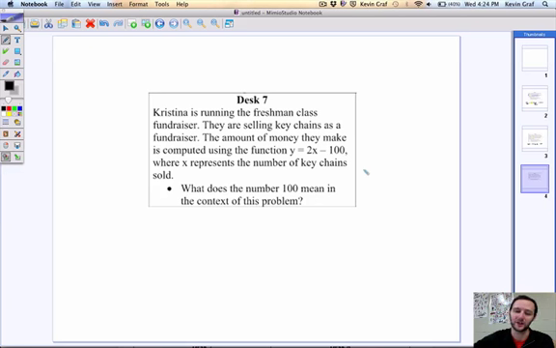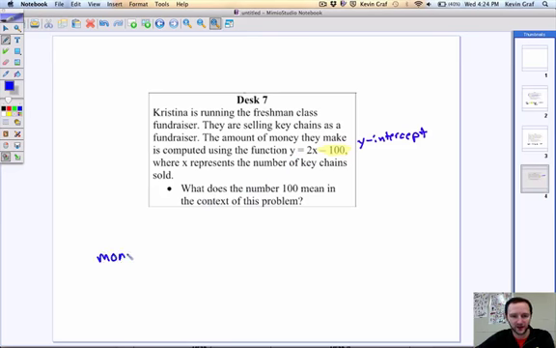So this is a different question. This is now asking, what does this part mean? And normally in an equation, we are used to this being the y-intercept. Okay? Now, in terms of this problem, x represents the number of keychains, and y represents how much money they've made.